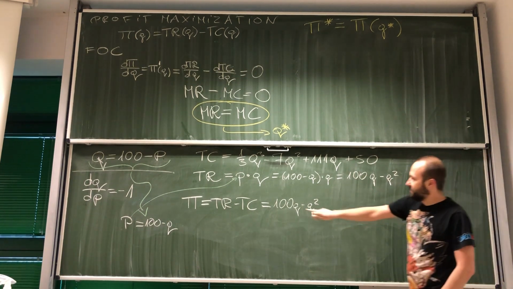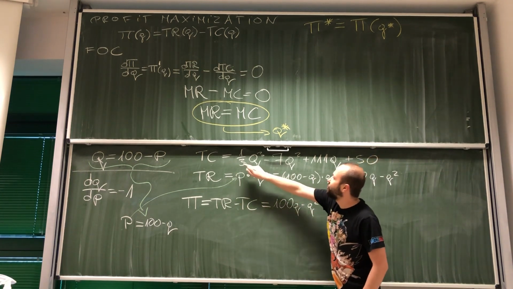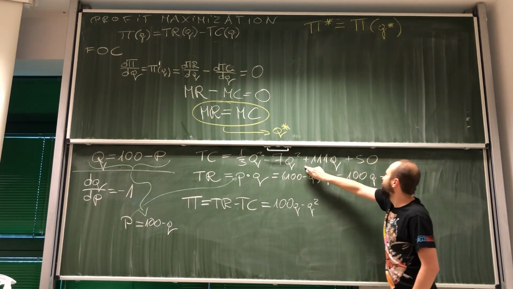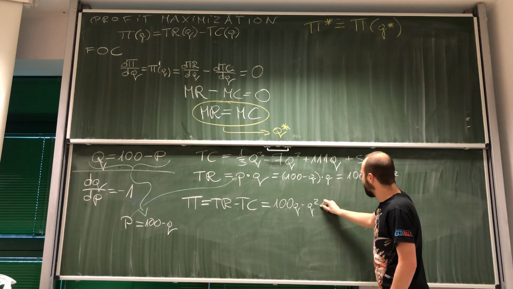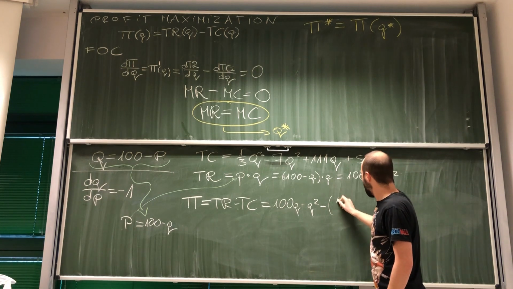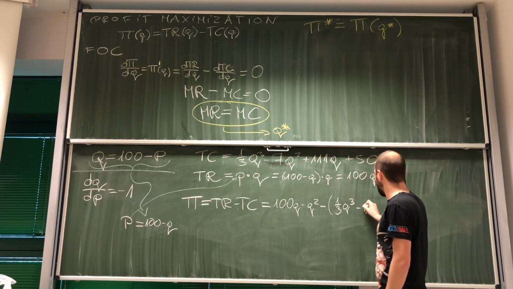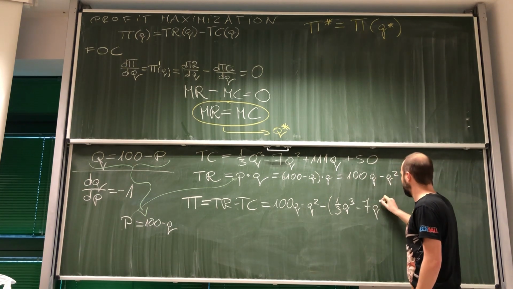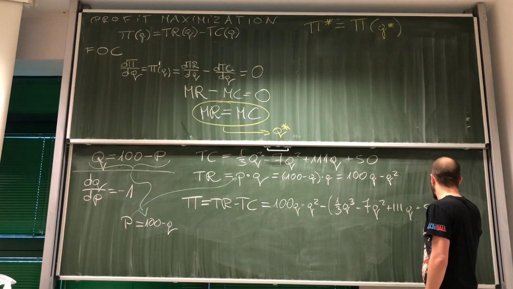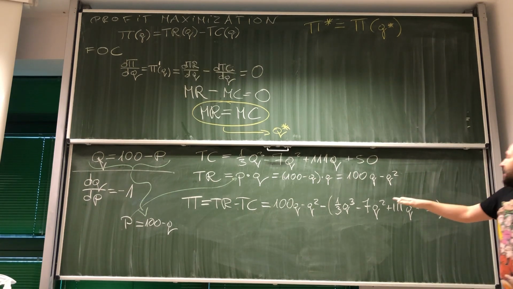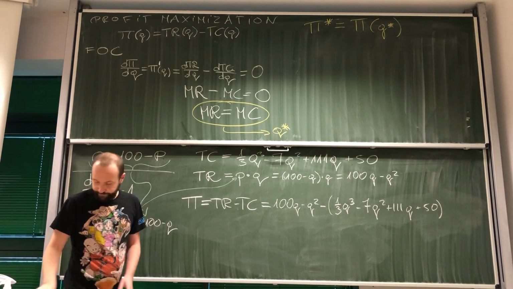Remember, minus is in front of the entire total cost. So we need to change the sign in front of every component we've got over here, right? Because look, we can imagine it like minus 1 over 3q cubed minus 7q squared plus 111q plus 50.